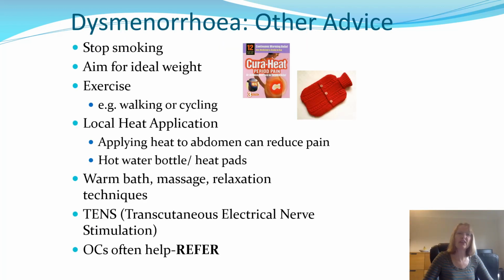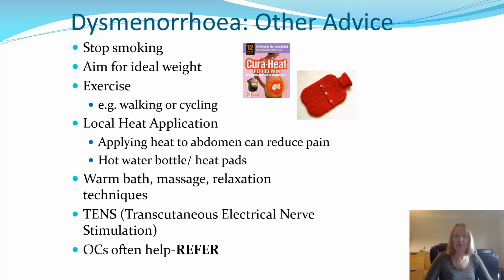Other advice you can give, certainly as we said before, is to talk to people about their smoking status and see whether they want to stop smoking, and aim for an ideal weight. Exercise helps by releasing endorphins, which then helps with pain. A lot of people use heat, so they might use a hot water bottle, and we've got products such as this Cura Heat pad.